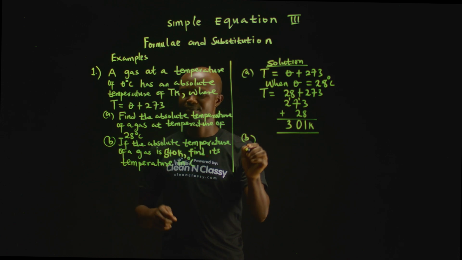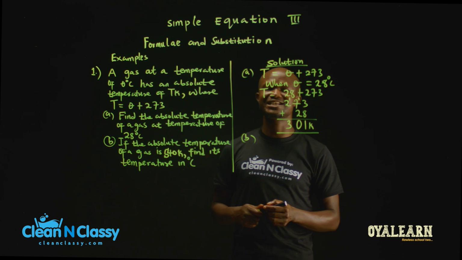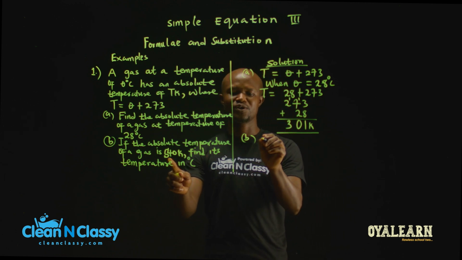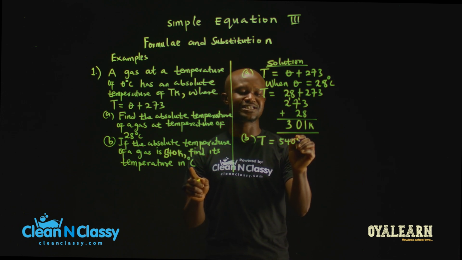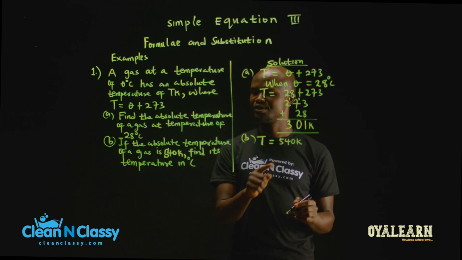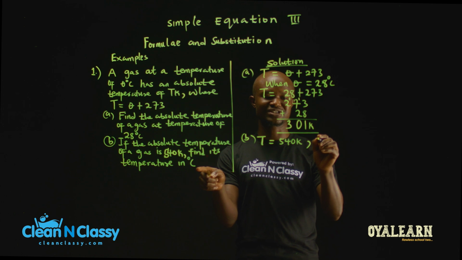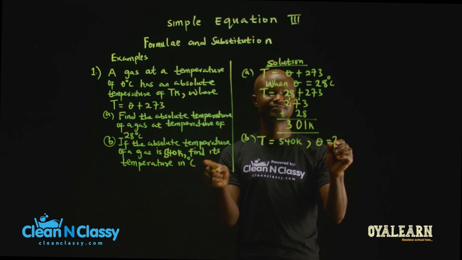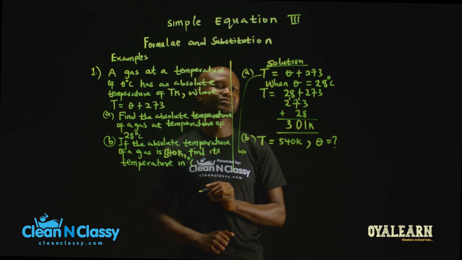B. If the absolute temperature of a gas, that is, for this question, we have T to be equal to 540 Kelvin. Don't forget that the T represents absolute temperature. Now we are asked to find temperature in degrees Celsius, and that is theta. So we are still going to use this equation to get our solution.